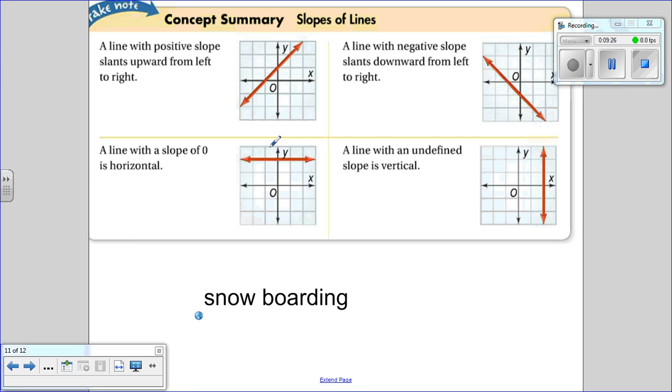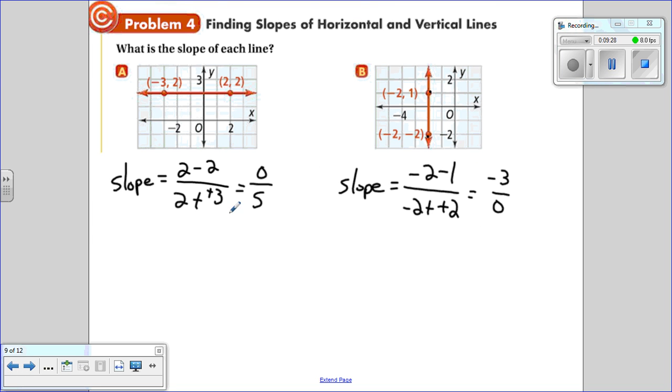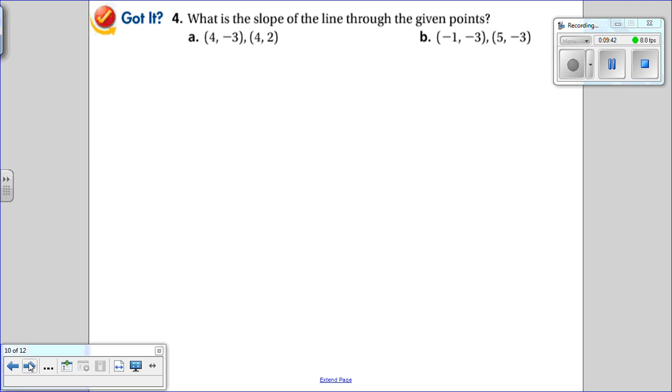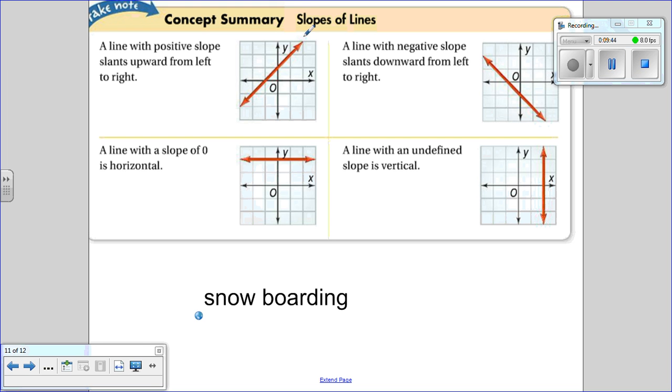This is what happens. Okay, so if we go back here, what's 0 divided by 5? 0, right? What is negative 3 divided by 0? That is undefined. You can't do it. And that's exactly what the slope of the lines turn into.